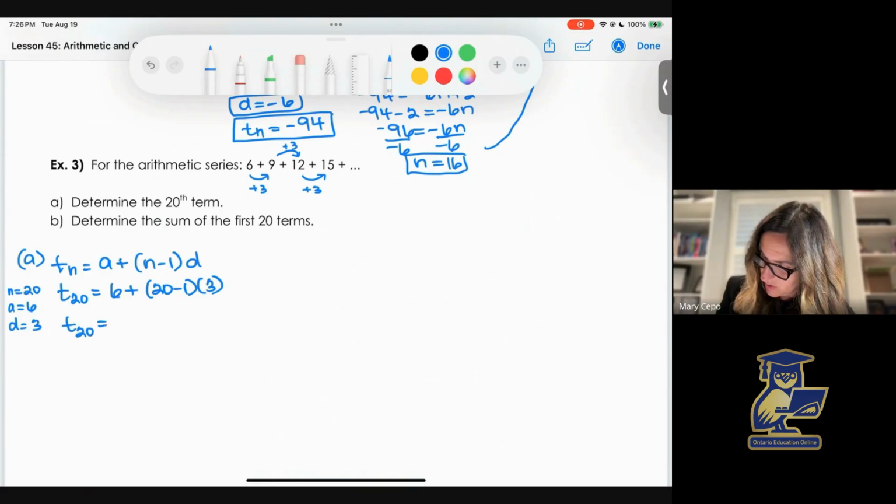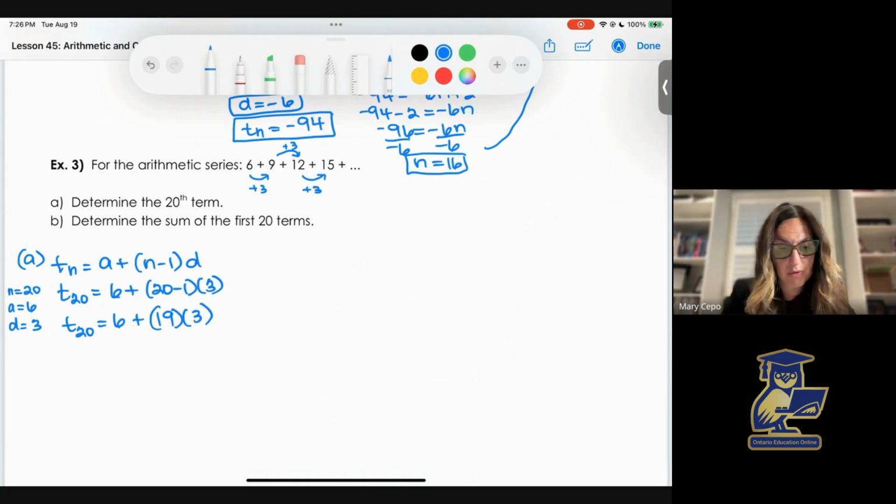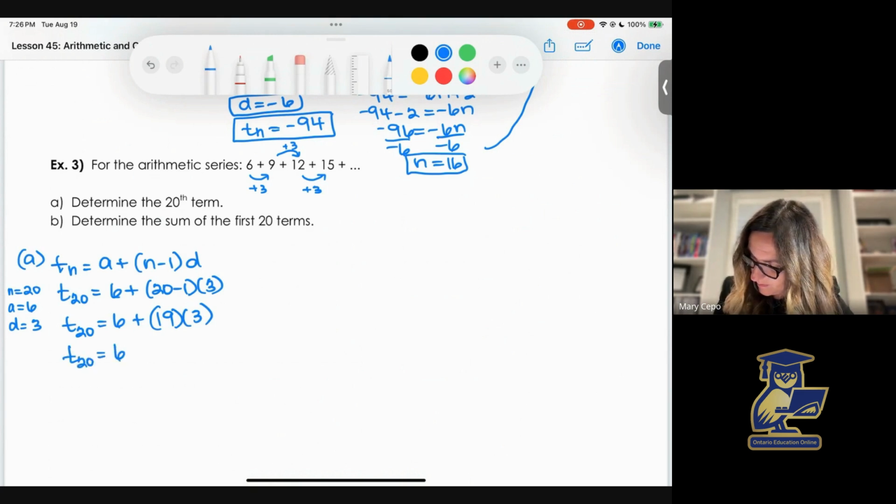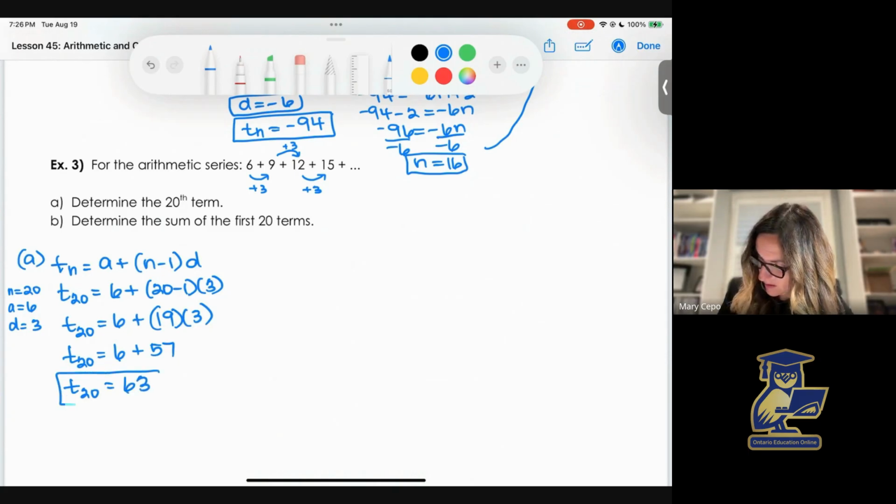The 20th term is going to be, always following BEDMAS, so deal with the brackets first. 20 minus 1, which is 19, times 3. We know 19 times 3 would be 57. So the 20th term, 6 plus 57, which is 63.